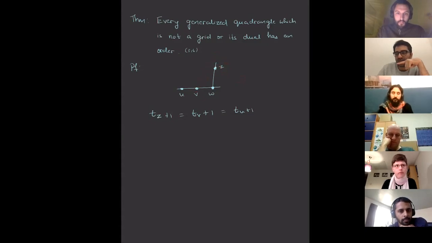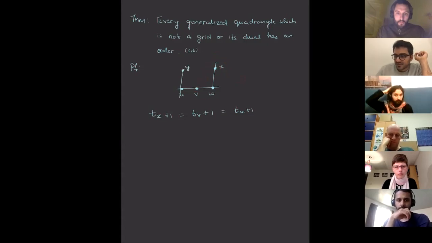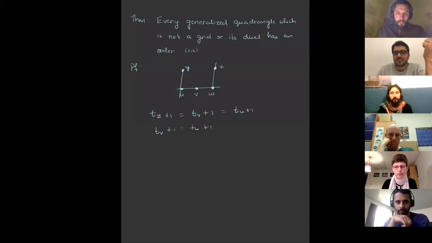Okay, so once we have that, we can just take a line through u and some point here like y to show that the number of lines through y is the same as the number of lines through v and w. So you also get that t_v plus 1 is t_w plus 1. In particular, you see that through all of these points on L, there is a constant t plus 1 number of lines, by just repeating this argument.